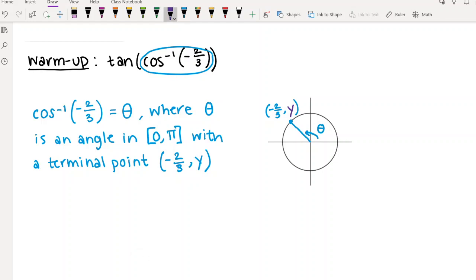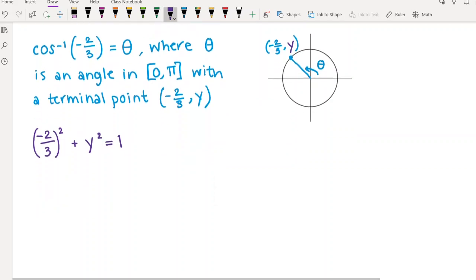So we know that any point that is on the unit circle is going to satisfy x² plus y² equals 1. So we can do (-2/3)² plus y² equals 1, and basically just solve this for y. So we're going to get 4/9 plus y² is equal to, and then 1 can be written as 9/9.